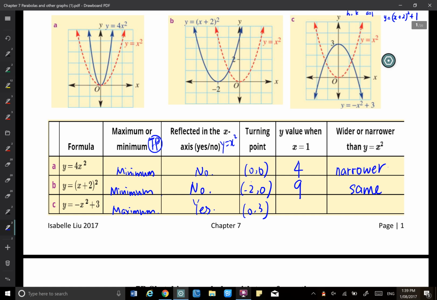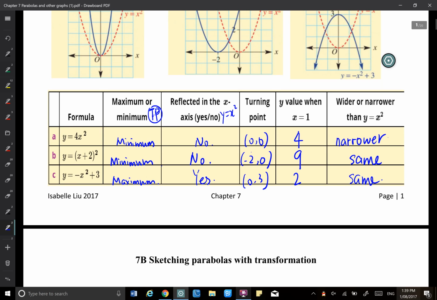X is 1, y is 2. And do we have a narrow or wider graph? Same again. Same graph. Okay, so that's the revision about year 9, everything about year 9.